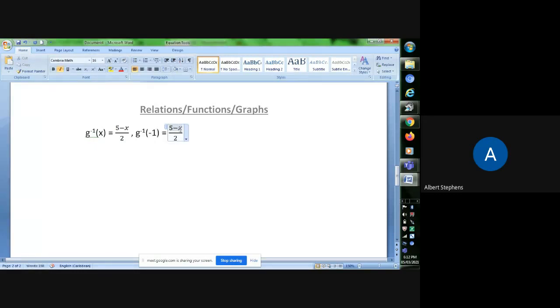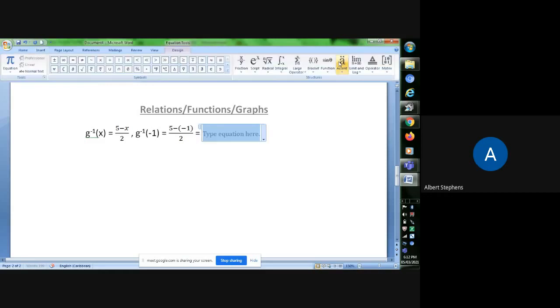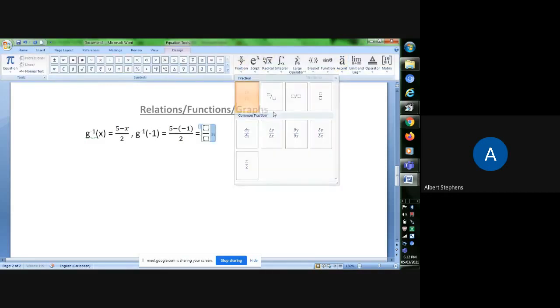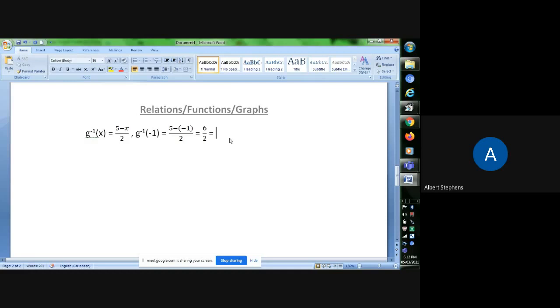So that's going to be -1. Those two negatives give a positive, and 5 plus 1 is 6. And 2 into 6 goes 3.